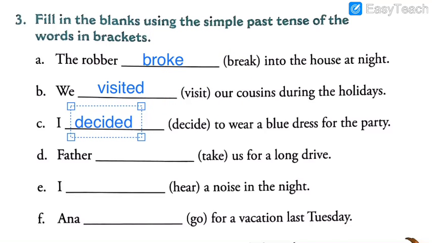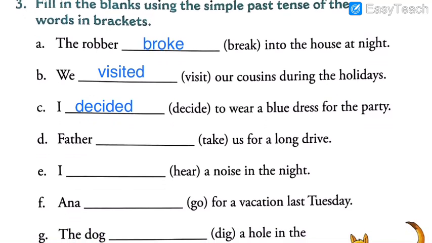I decided to wear a blue dress for the party. Answer C, decided. Please make sure you try to understand the statement as well once you write the correct past form, so that you will be able to use it in your regular life.